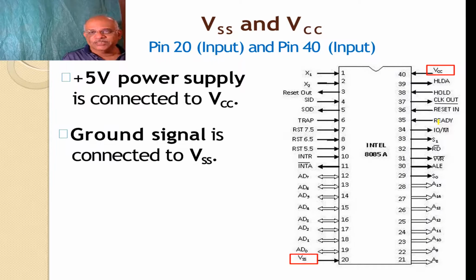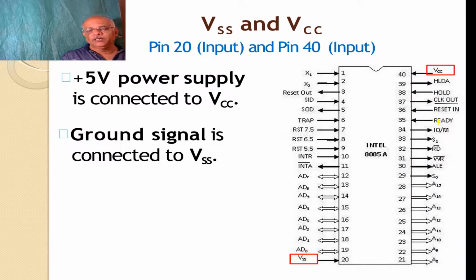There are interrupt pins: TRAP, RST 7.5, RST 6.5, RST 5.5, and INTR and INTA bar. So 40 pins are available, and they perform different operations. Each and every operation must be clearly understood by the student and the user of microprocessor 8085.